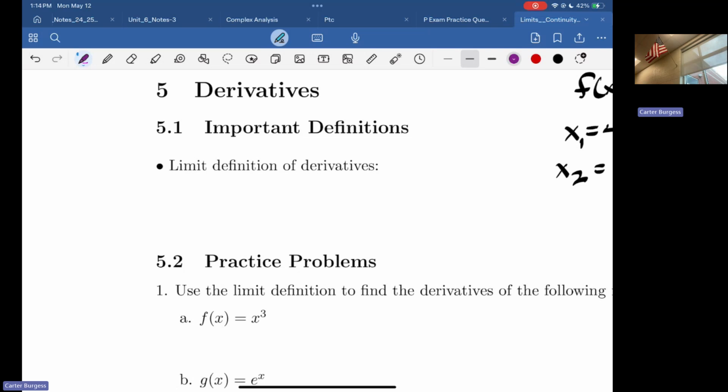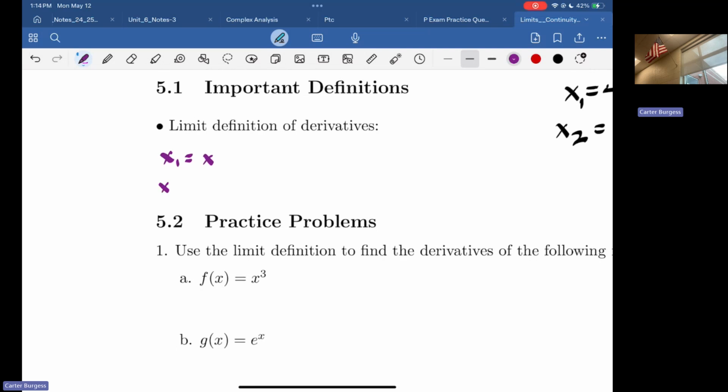In this particular case, we're going to have our x1 just be x. And then we're going to have our x2 be x and then some, x plus h. And the idea here is we want h to be very, very small, as close to 0 as we could possibly get it.